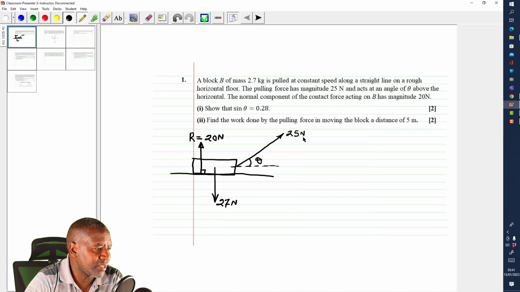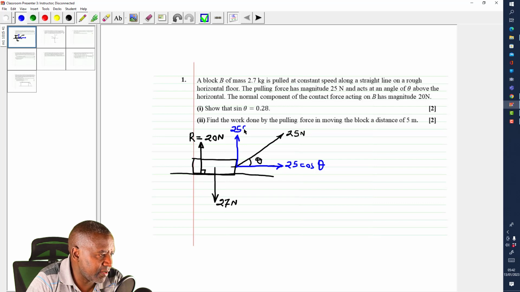Now the first thing we must do is to resolve this force. So let me do exactly that. The horizontal component of the 25 Newton force in this direction will be 25 cos theta, and of course the vertical component will be 25 sine theta.